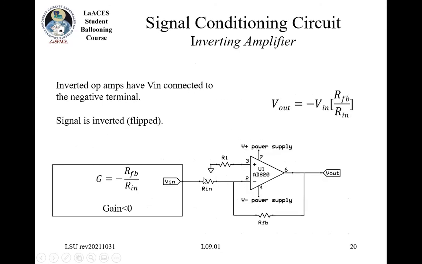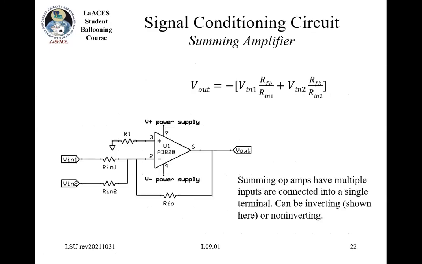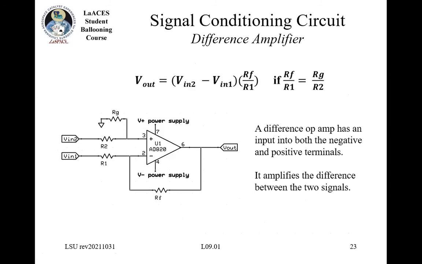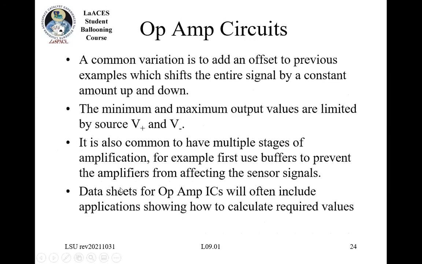So basically, each one of these circuits will have a version with an offset, and that's usually accomplished by having some set voltage come in at one of the inputs. But we're not going to go into specific examples now. Again, if it was me trying to figure out a circuit, I would look for inverting amplifier with offset or something like that.